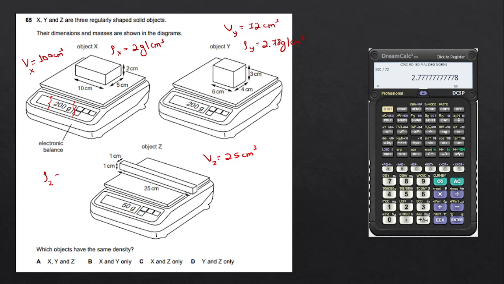Density of object Z is 50 divided by 25, which is 2 gram per cm cube. Upon comparison of all these three objects, object X and object Z have the same density. So the correct answer is option C, object X and Z only.